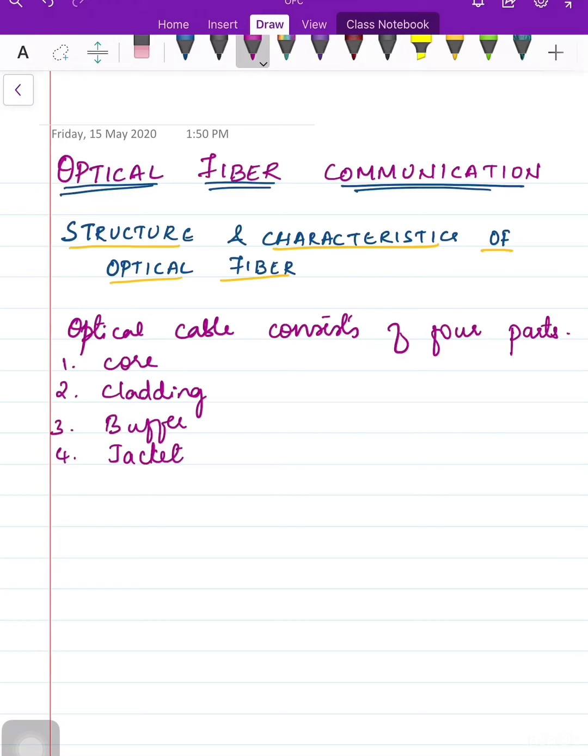The glass used in the core is made of pure silicon dioxide, a material so clear that you could look through 5 miles of it as if you were looking through a household window. It is so transparent.